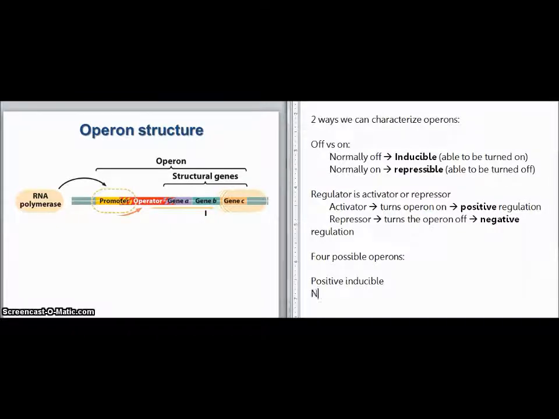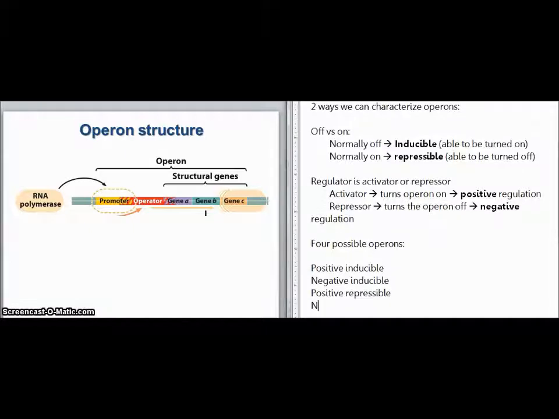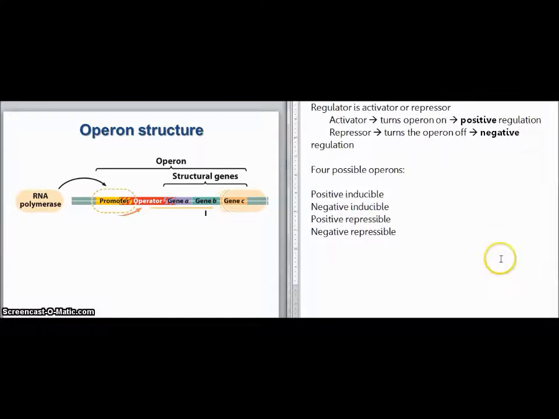We can have negative inducible. We can have positive repressible. And we can have negative repressible. So those are 4 ways that we can characterize operons.